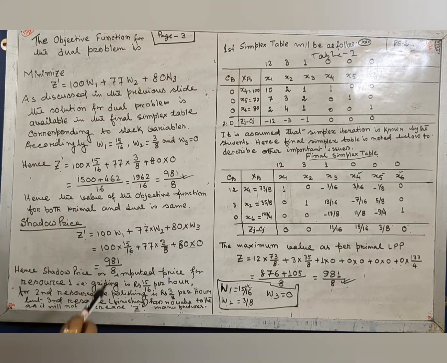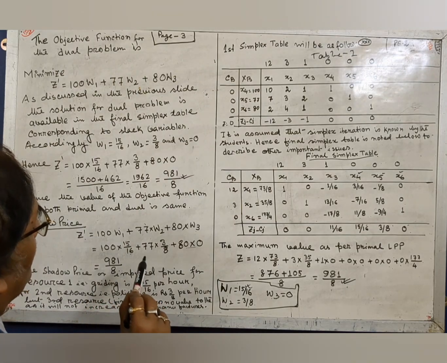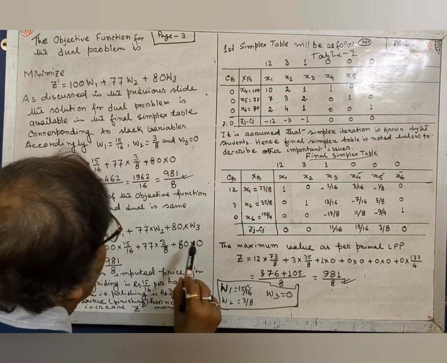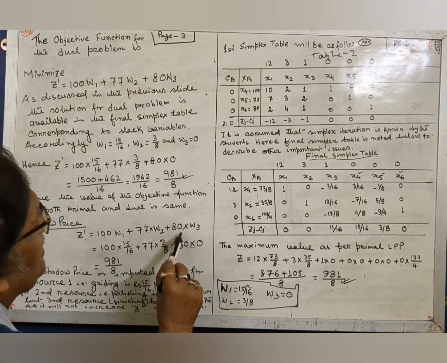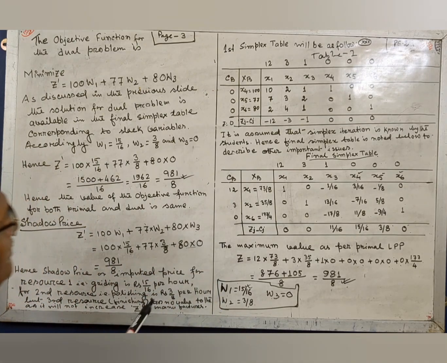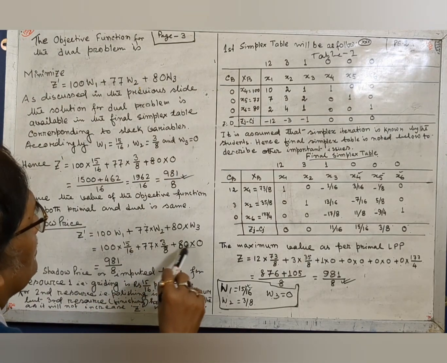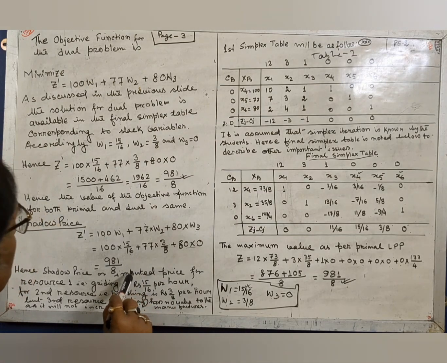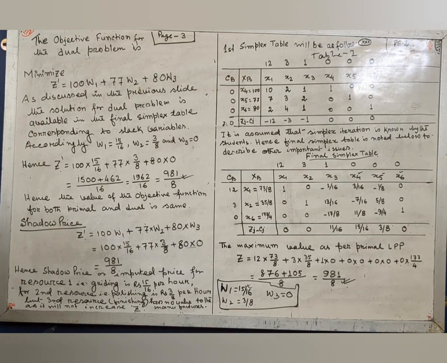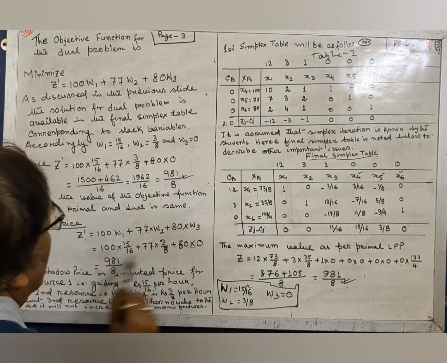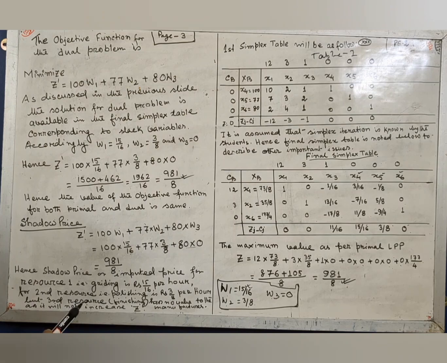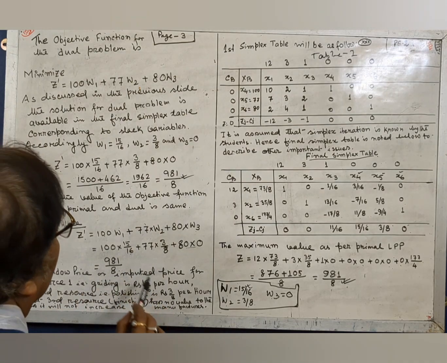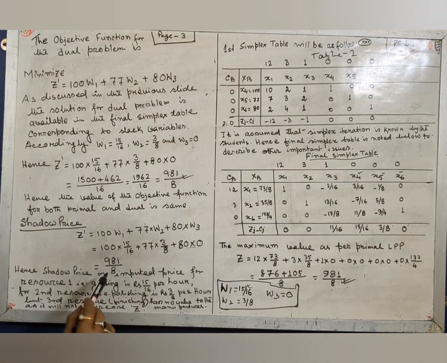That means the manufacturer will not be ready to pay any amount for supplying extra resource 3, that is, in this case, finishing department hours. And this is the concept of shadow price, which comes out only after solving the problem by the dual concept. Thank you.